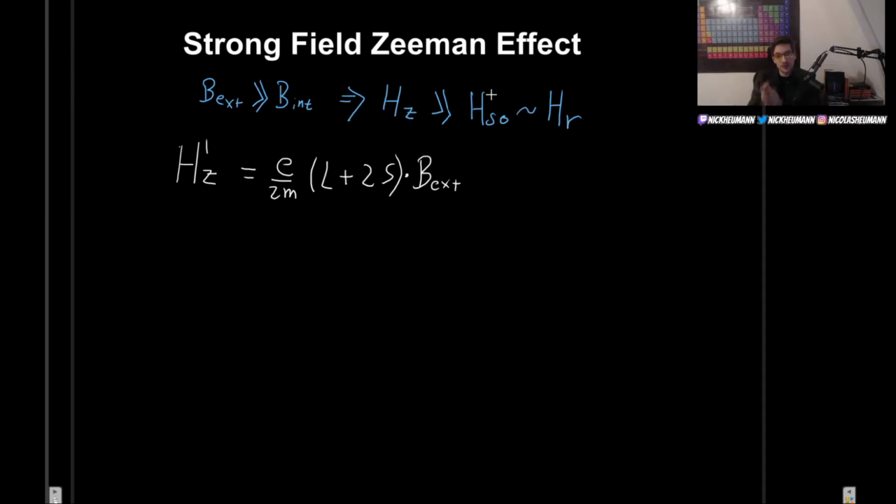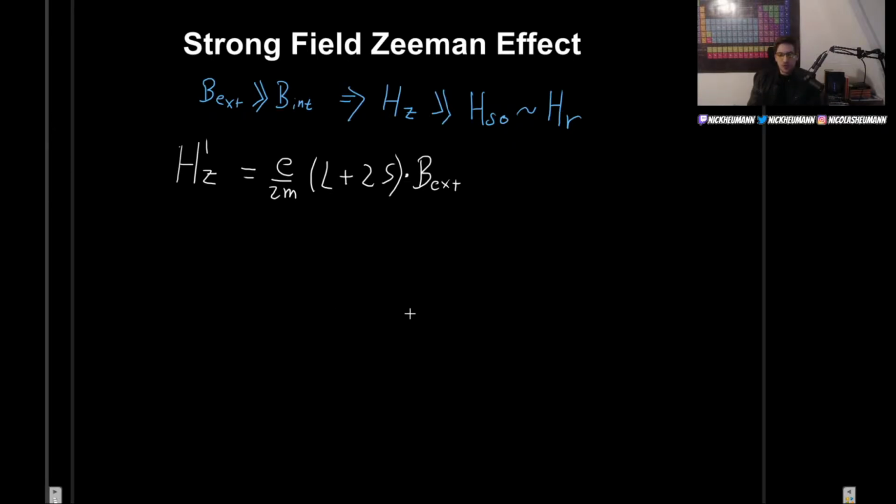For that reason, we should take those two to be the perturbations. So we will have the base energy, which will be our unperturbed energy levels, which will include the Zeeman effect, and the perturbation on top of that will then be the fine structure, right? Which is the sum of these two.